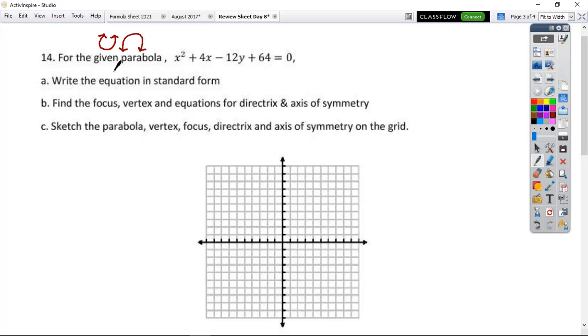So first thing you want to do is write your equation in standard form. It's currently in general form. So standard form is going to require you to complete the square. So I need to start moving things over here. So I have x squared plus 4x is going to be equal to 12y minus 64.